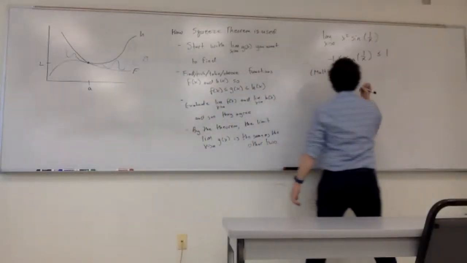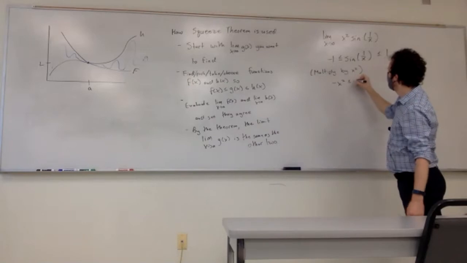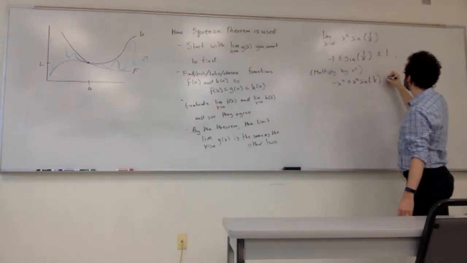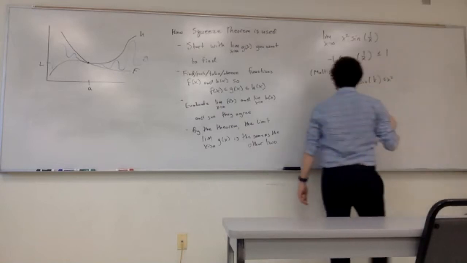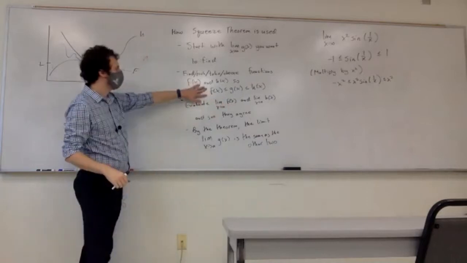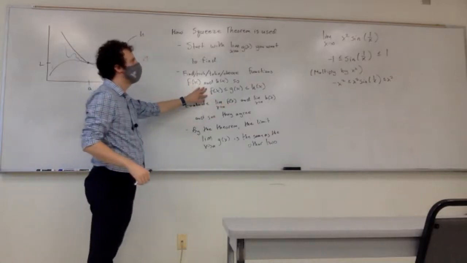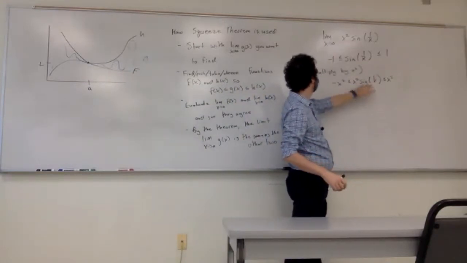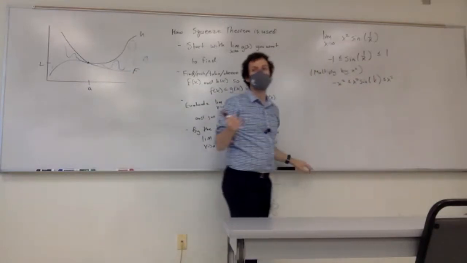And so now we get minus x squared is less than or equal to x squared sine of 1 over x is less than or equal to x squared. And that is the kind of inequality that we want. It has the function from the original limit in the middle, and the outer two are much, much simpler.